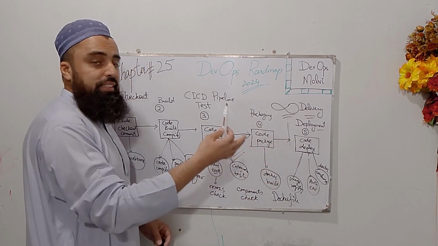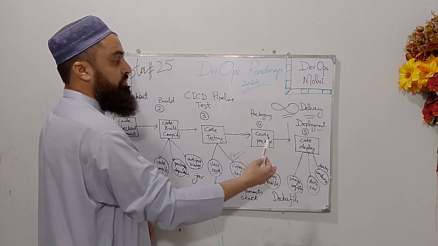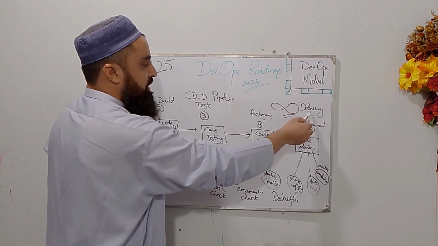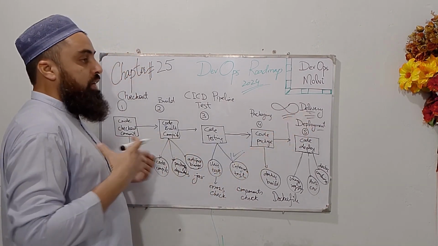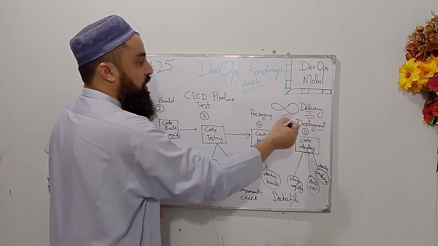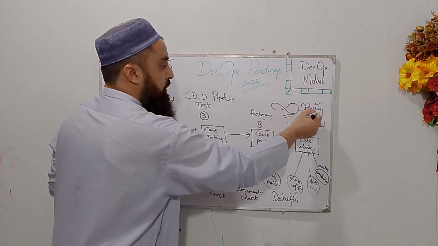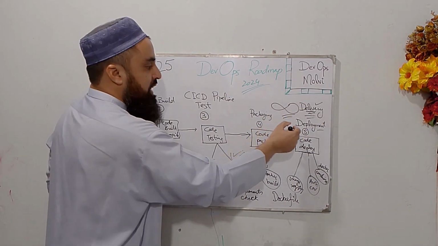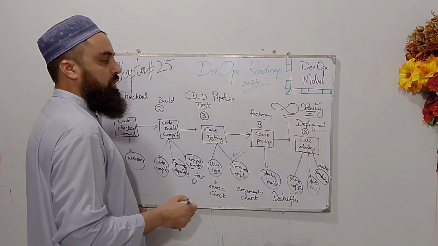For instance, if it is a production server and I don't want it deployed automatically, then this approach is used, which is known as continuous delivery, in which we ourselves intervene to deploy the code onto our production server. If some manual intervention is required, it becomes continuous delivery. And if it is fully automatic, it becomes continuous deployment.